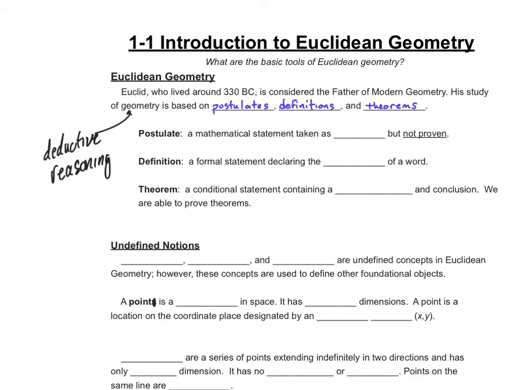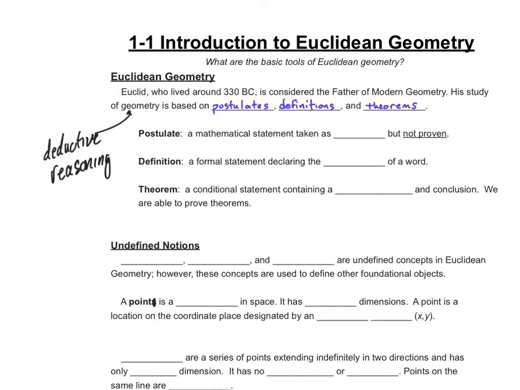So as we talk about Euclidean geometry, Euclid, who lived around 330 BC, is considered the father of modern geometry. And from that point, a lot of things we still take as true, because his study of geometry was based in postulates, definitions, and theorems.